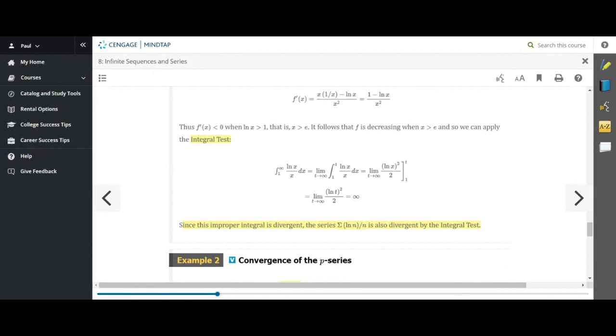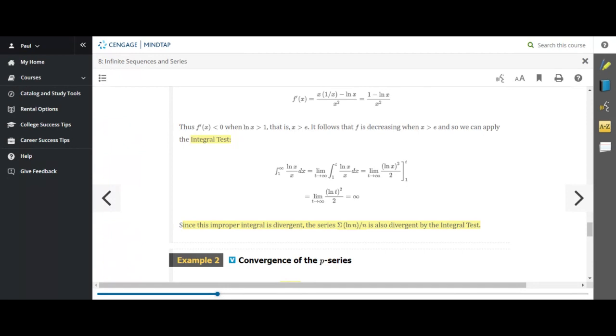And so after you do section 8.3, you'll have a better intuitive feel for what test to use. Do I use the comparison test or the limit comparison test or the integral test? The integral test you use when it's difficult to use a comparison test or a limit comparison test.